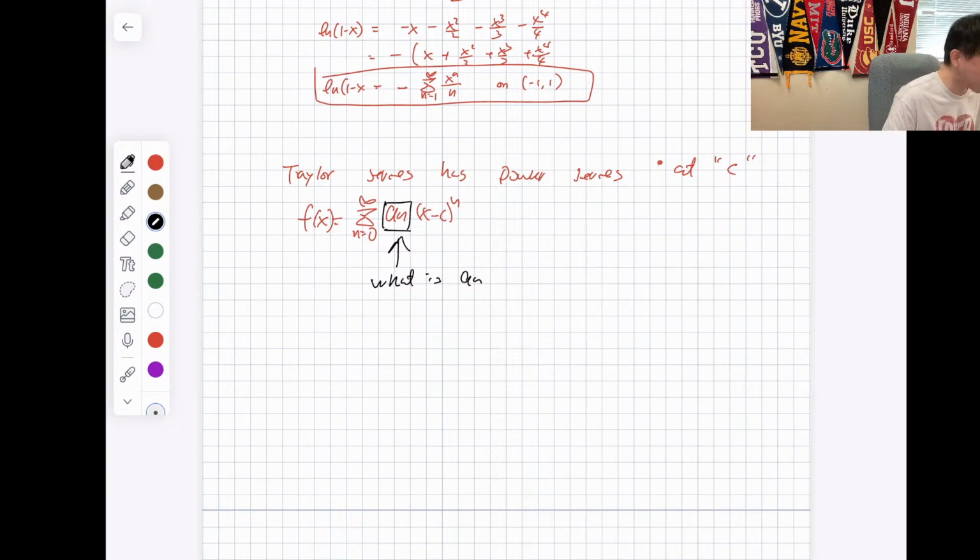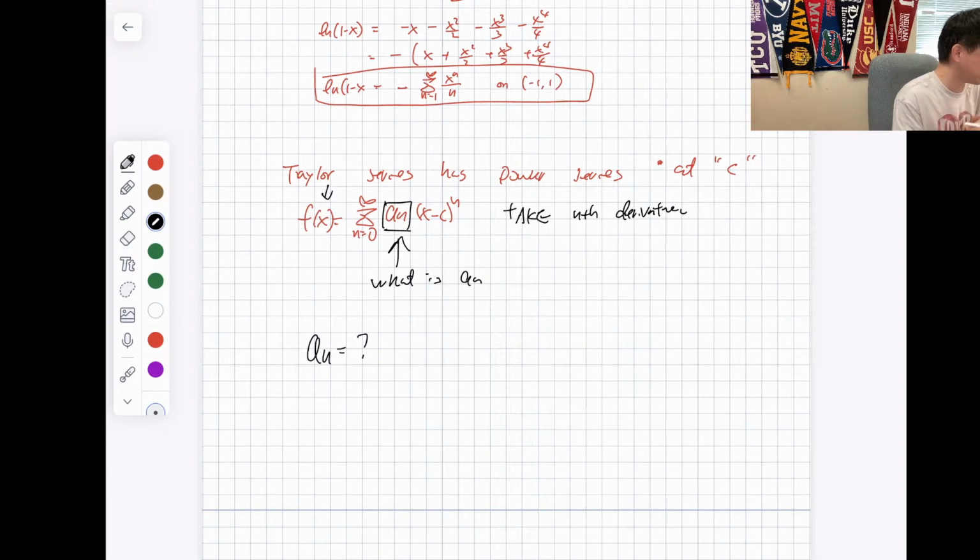What Taylor suggested says, well, if I want to find out what a to the n is, what we can do is take the nth derivative of this. Take the nth derivative of this power series.